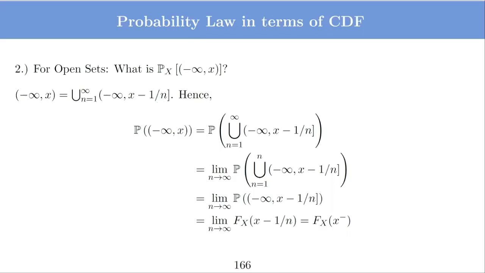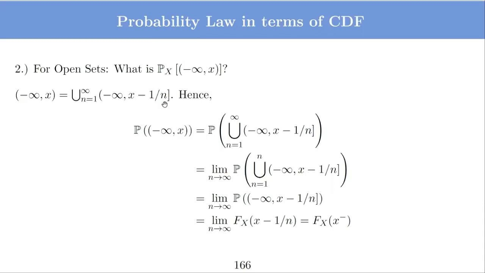So first we notice that the set (minus infinity, x) can be written as the countable union of these sets. What are these sets? Every set is made from (minus infinity, x minus 1/n], right? As you increase n, this set will include more elements near x.